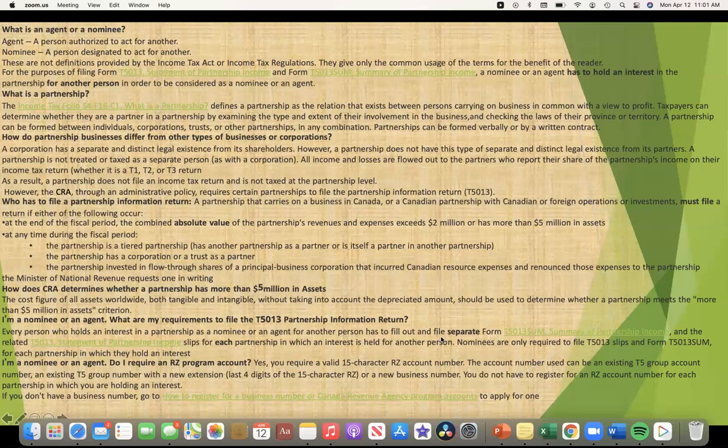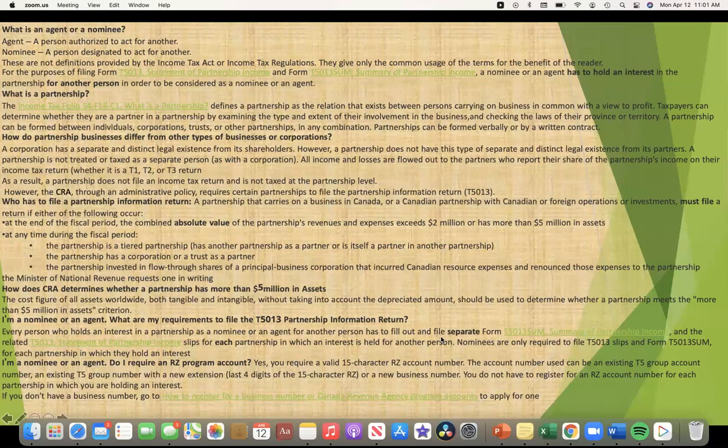Who has to file a partnership information return? So a partnership that carries on a business in Canada or a Canadian partnership with Canadian or foreign operation of investment must file a return if either of the following occur.